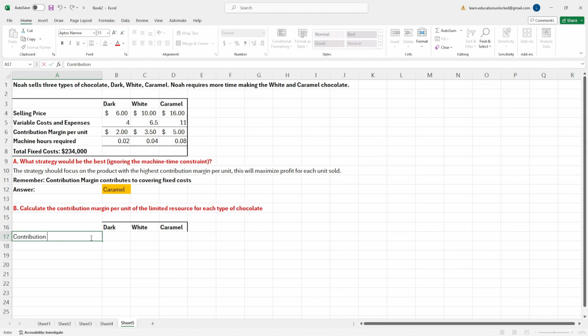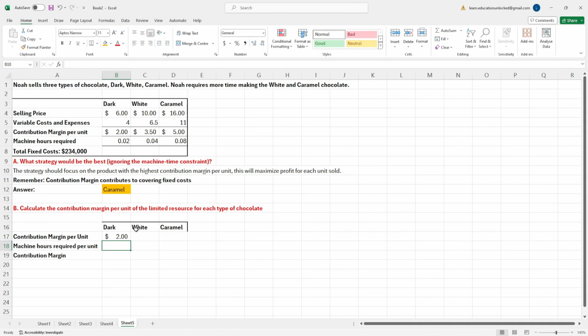So first, let's get this part: contribution margin per unit, the machine hours required per unit, and our contribution margin. All right, so that would be here.